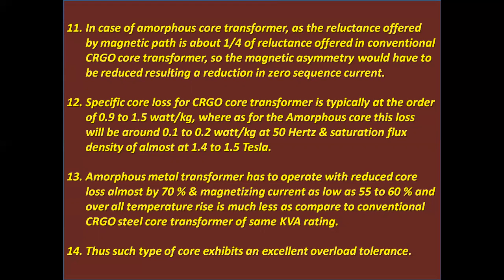Number 13, the amorphous metal transformer core operates with reduced core loss by almost 70% and magnetizing current as low as 55 to 60%, and the overall temperature rise is much less as compared to a conventional CRGO steel core transformer of the same kVA rating.